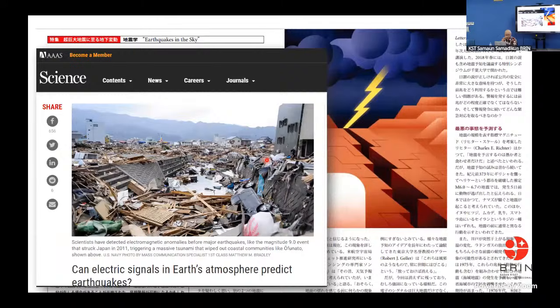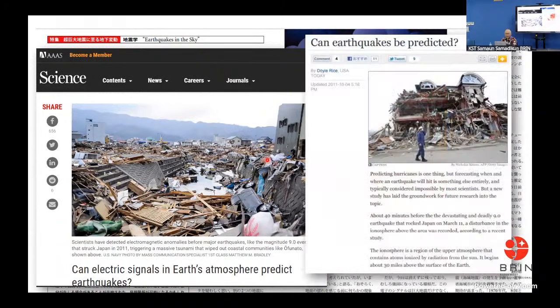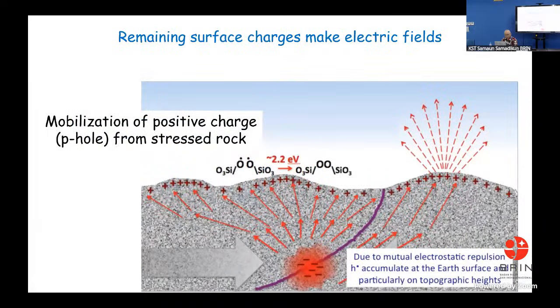And also there's an article in a science journal introducing my paper, Can Electric Signal in Earth's Atmosphere Predict Earthquakes? This is a USA Today newspaper article. They are all related to ionospheric change before earthquakes.